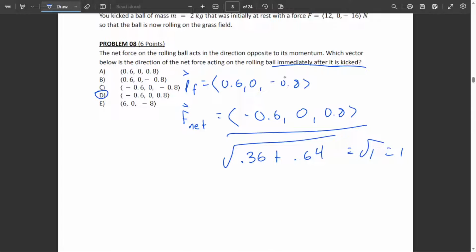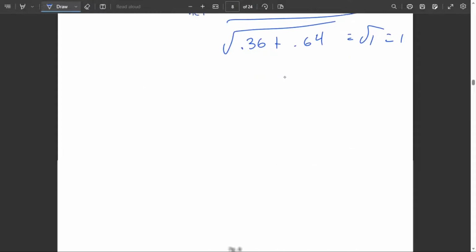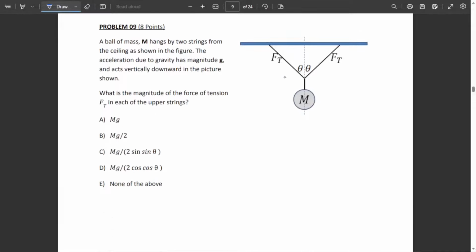So it's not actually necessary for this question, but in general be aware that it's asking for just a direction, not an actual value. You might have to convert it to a unit vector in order to get the answer that you're looking for.